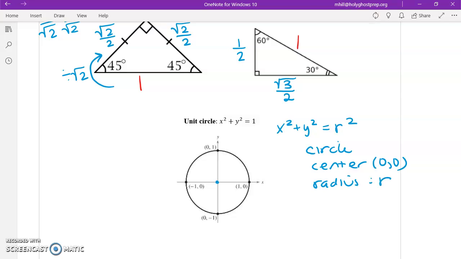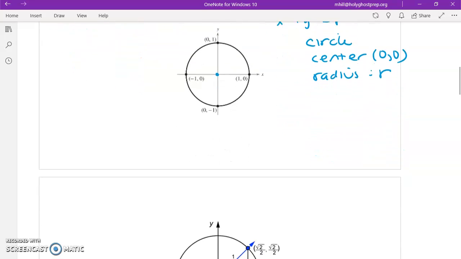So in this case, 1 squared was 1, so this has a radius of 1. So that's a unit circle. Why do we care? If we notice here, both of our hypotenuses of each of these triangles was 1, and that is going to relate to the special angles on the unit circle.